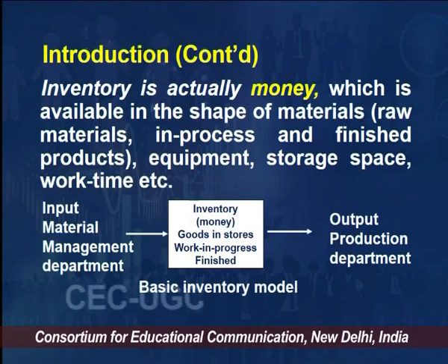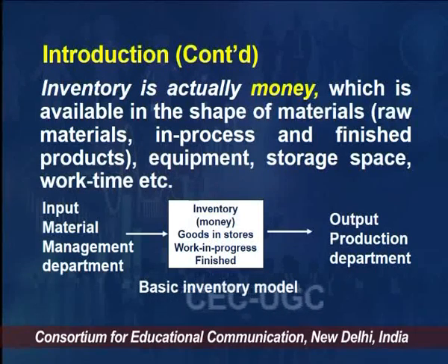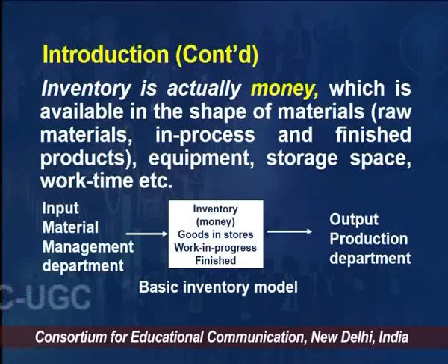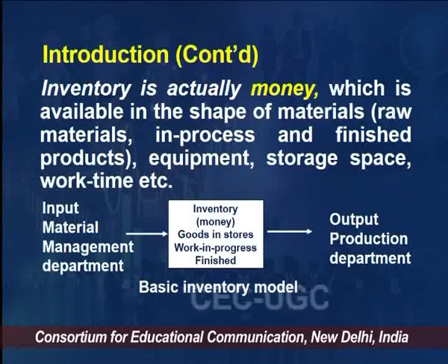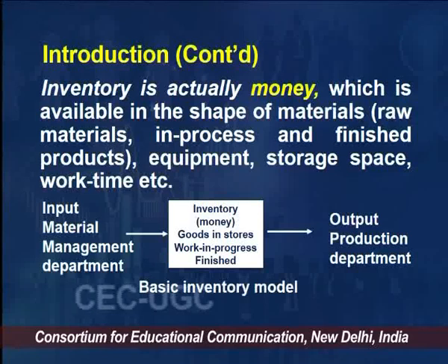People say that inventory is actually money, which is available in the shape of materials, that is raw materials, in-process goods, finished goods, equipment, storage space, work time, etc. In the manufacturing system or in any business, in any operations, you have some inputs.